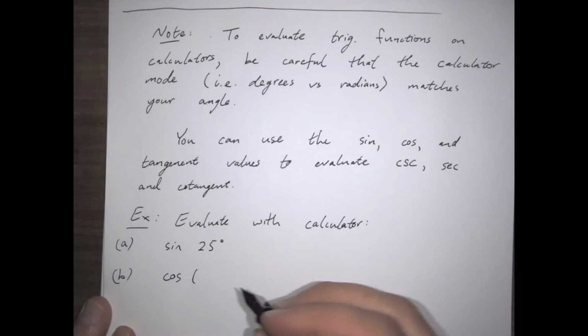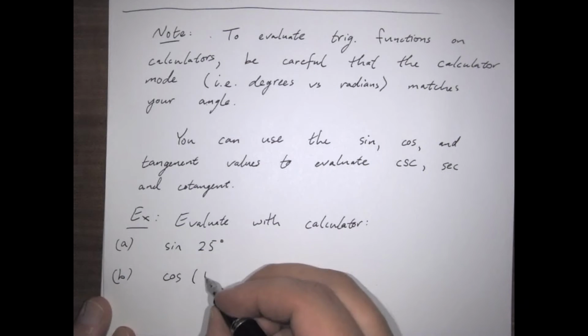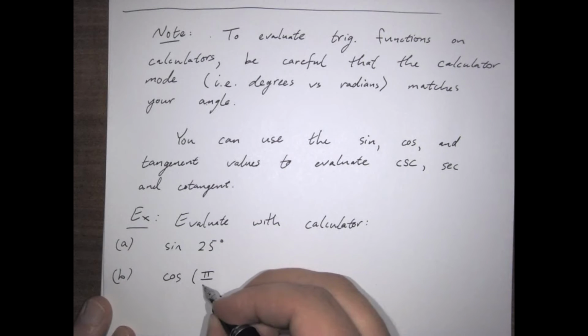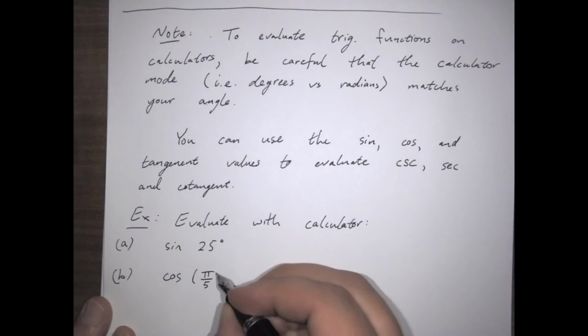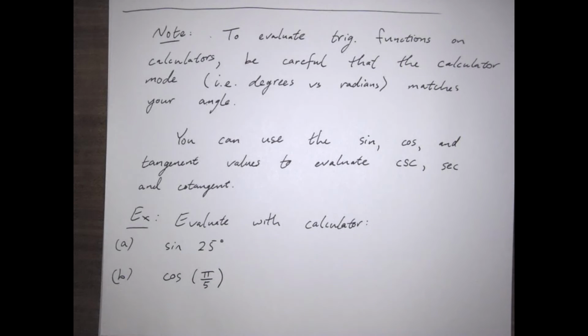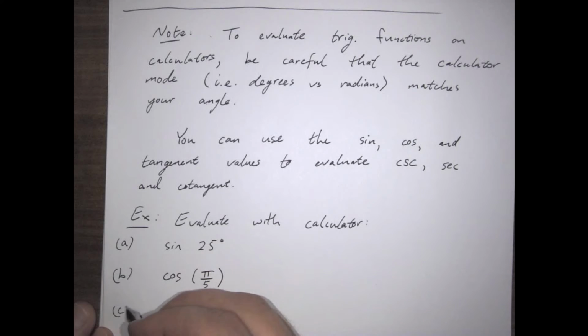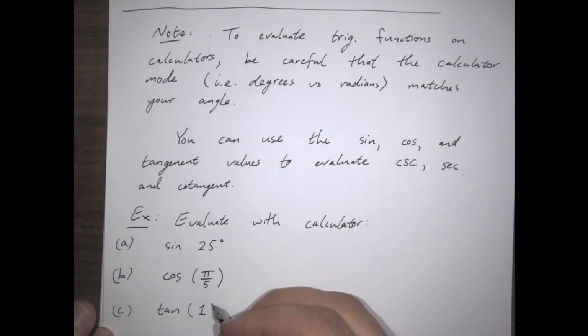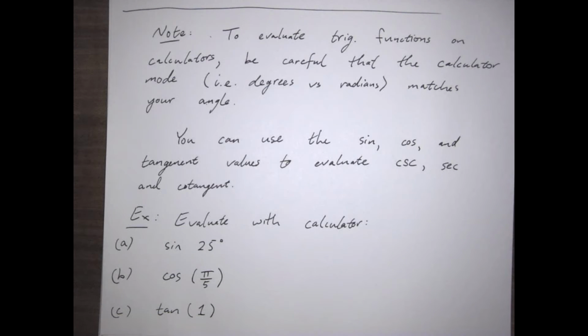Cosine of pi over, say, pi over 5. And since it doesn't say degrees, that means it's by default radians. Let's say tangent of 1. And again, if it's supposed to be degrees, there should be a degree symbol.